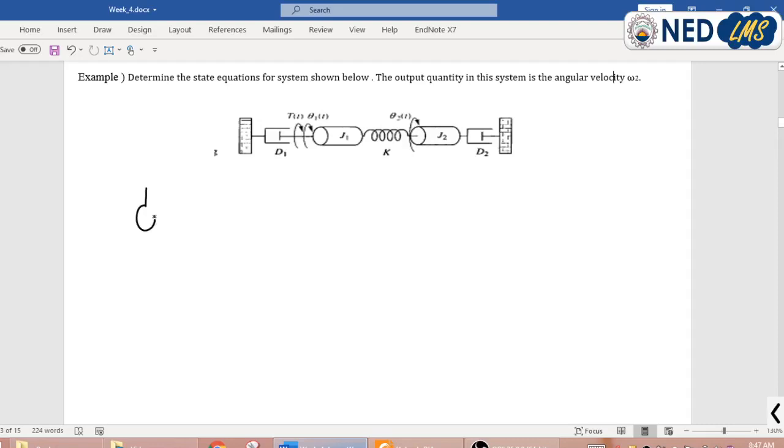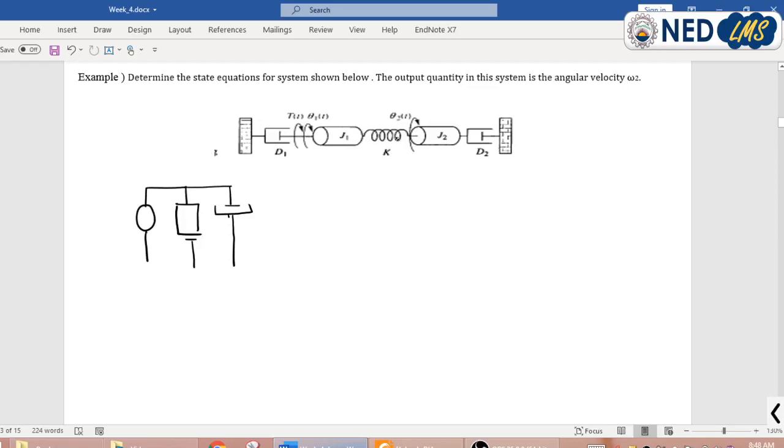At node theta 1 I have an input torque. At this similar point I have a moment of inertia J1. Similarly, at this point I have a damper, which I will write as B1.